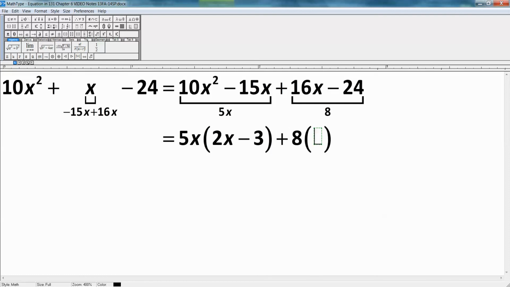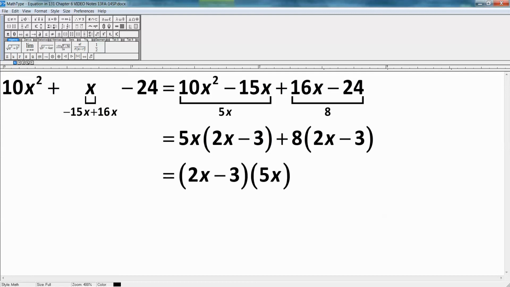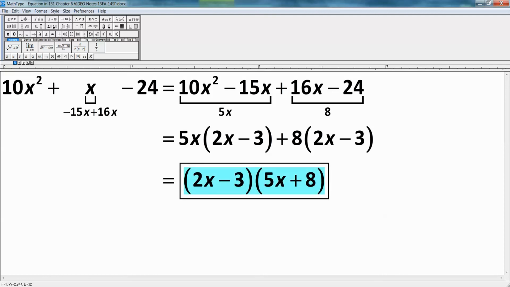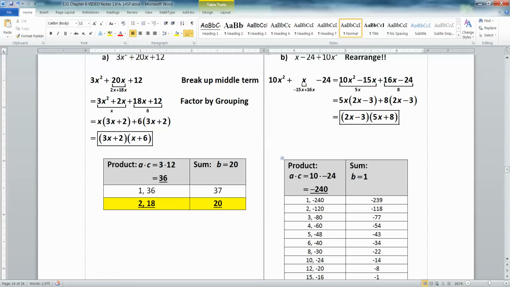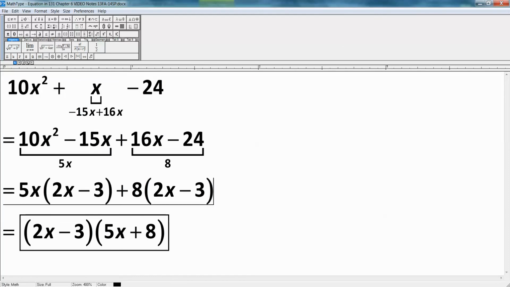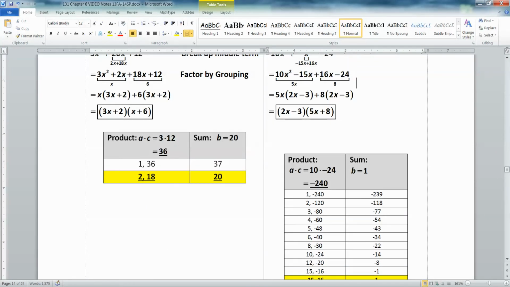And then 8 comes out, that leaves you 2x minus 3. Okay, so that means we have 2x minus 3, and we have 5x plus 8. All right, there we go. All done. Just for my sanity, I got to change that just a little bit so that way it fits on the page.